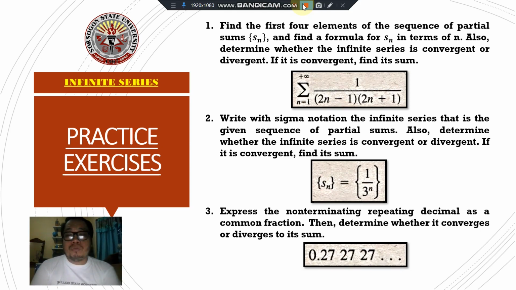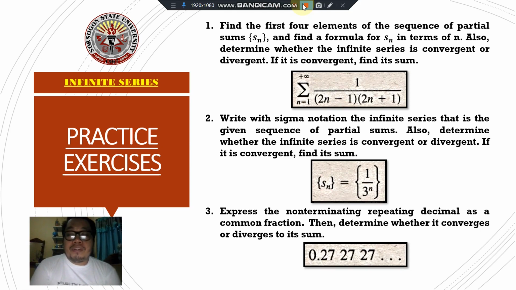For number two, you are tasked to write with sigma notation the infinite series that is the given sequence of partial sums. Also determine whether the infinite series is convergent or divergent. If it is convergent, find its sum. Then lastly, we have to express the non-terminating repeating decimal as a common fraction.